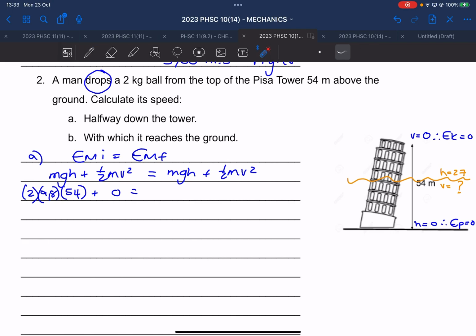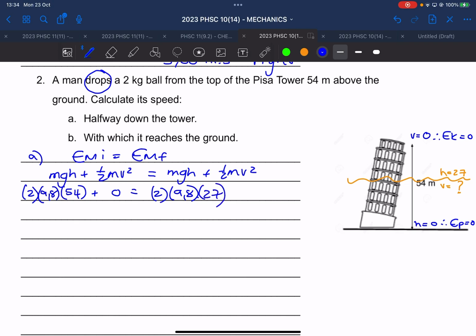And when I substituted this here, I filled in a 0. Why did I fill in a 0? Where is the velocity 0? At the top, the velocity is 0. Okay? Now I go to 2 times 9.8 times 27 because they say halfway down.